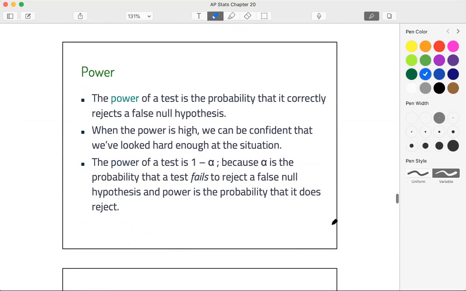So the power of a test is the probability that it correctly rejects a false null hypothesis. When the power is high, we can be confident that we've looked hard enough at the situation. The power of the test is 1 minus beta, because beta is the probability that a test fails to reject a false null hypothesis, and the power is the probability that it does reject it. So it's the reverse of the situation.